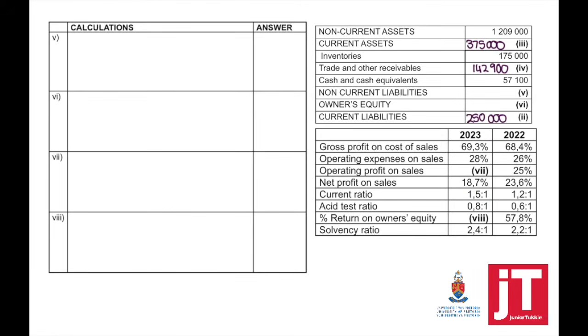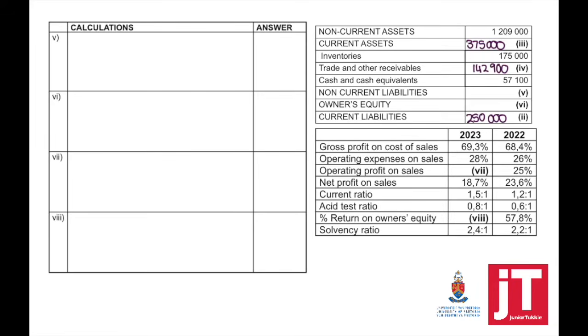Right, now, to calculate number 5, our non-current liabilities, what are the options? Gross profit? No. Operating expenses? No. Operating profit on sales? No. Net profit on sales? No. That has to do with your profitability financial indicators.